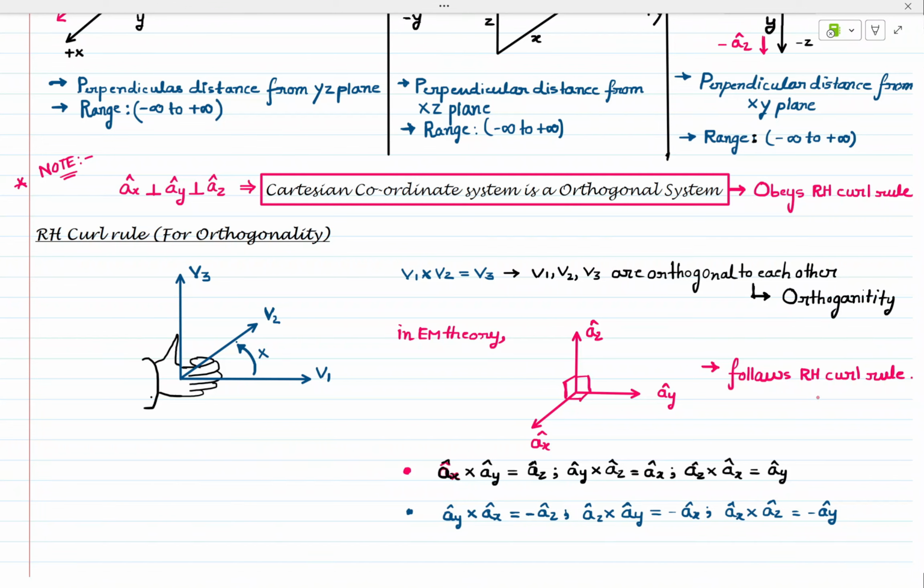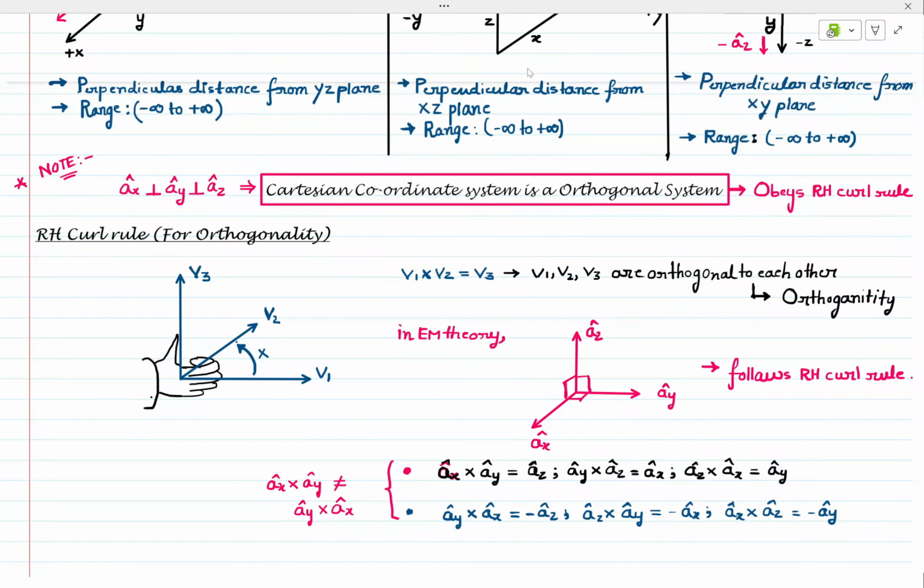And one more thing I can conclude here, which is definitely a property of vectors: ax cross ay is not equal to ay cross ax. Most students make a mistake here.